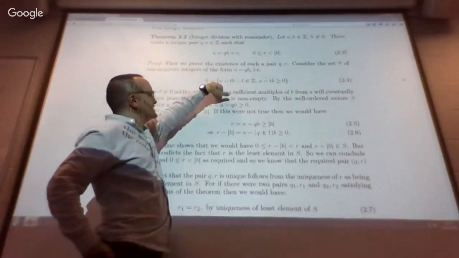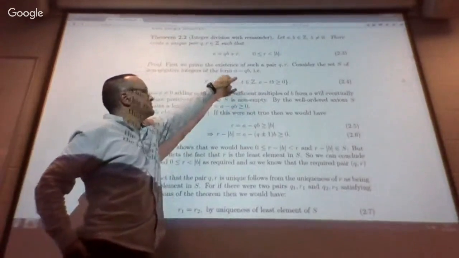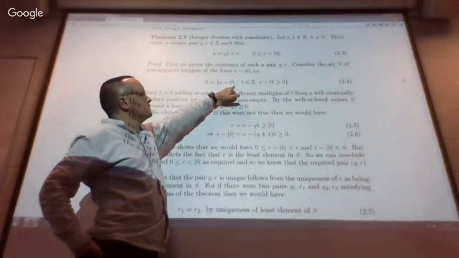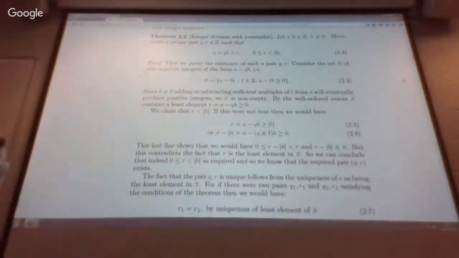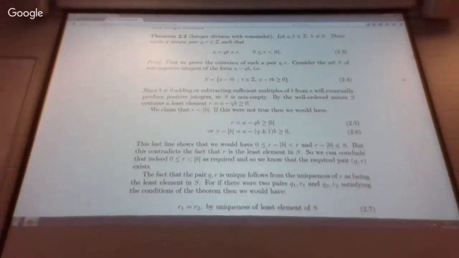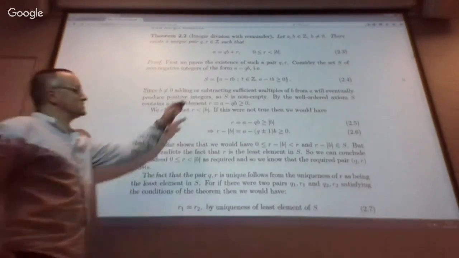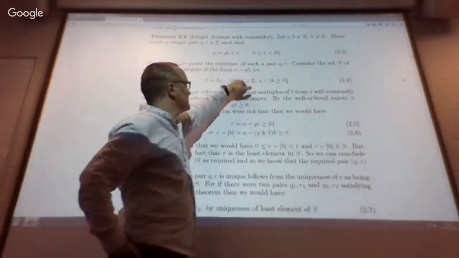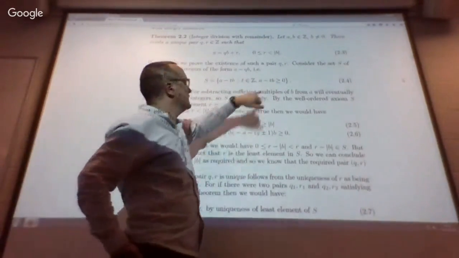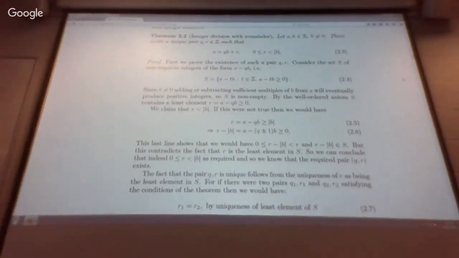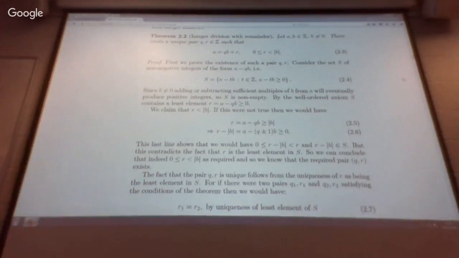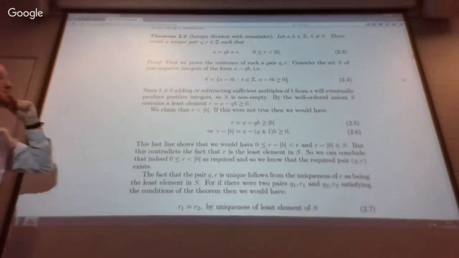So we form this set S, which consists of all the possible integers you can hit with the combination A minus TB, where T is playing the role of a general quotient, T is an integer, and we insist that the quantity A minus TB, these are the possible remainders if you like, be non-negative. And really, we want this remainder R to be the smallest possible remainder. So we're focusing on the smallest element of S.